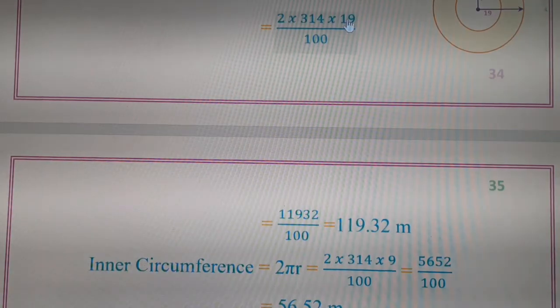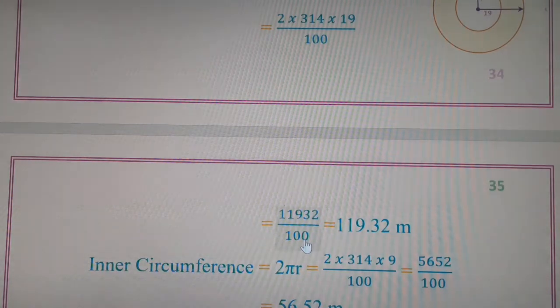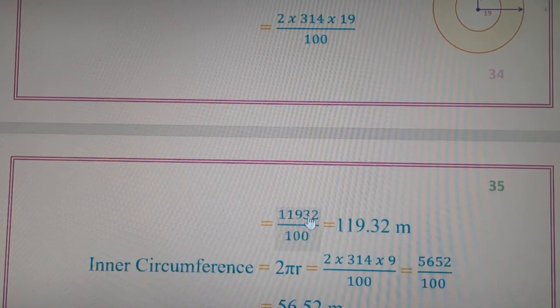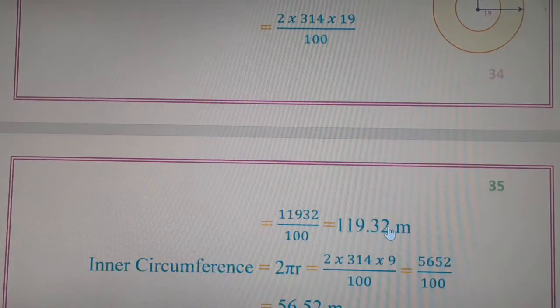19 twos are 38, and 38 into 314, the answer is 11932 whole upon 100. The denominator 100 can be removed by representing the numerator as a decimal number, so 11932 upon 100 can be written as 119.32.